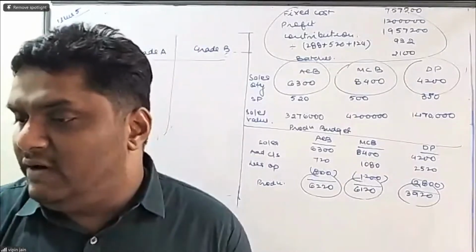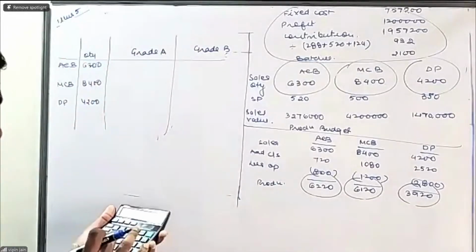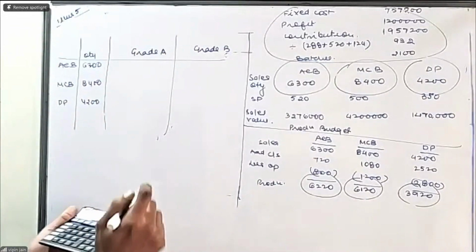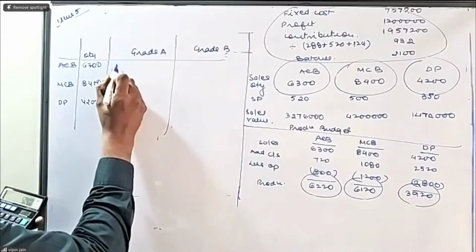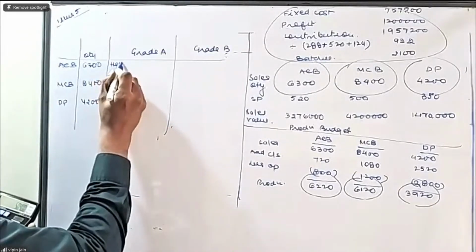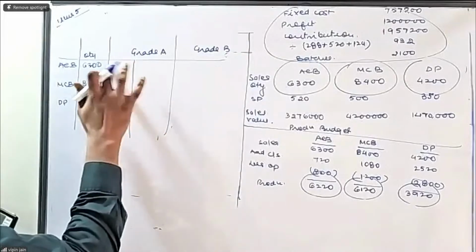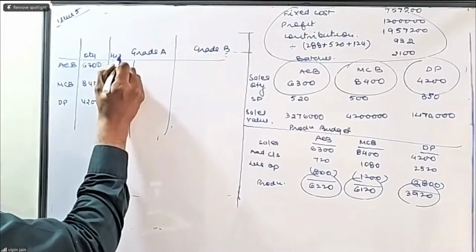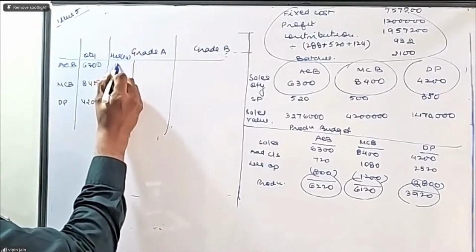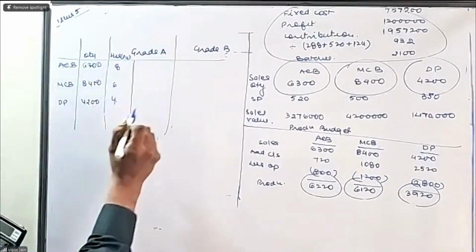See, 8, 6, and 4 hours per unit for grade A.